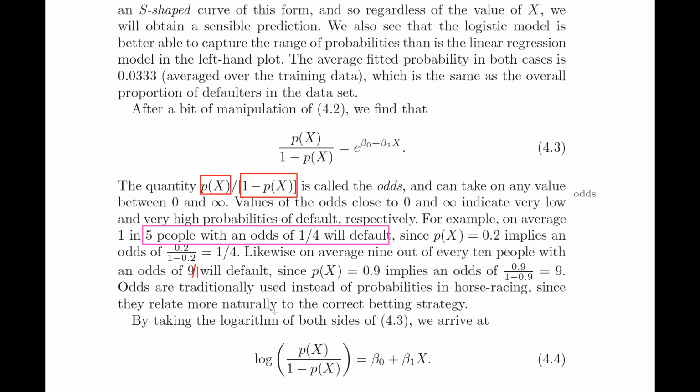Odds are traditionally used instead of probabilities in horse racing, since they relate more naturally to the correct betting strategy. Although we often use chance, probability, and odds interchangeably, in this context they are related but don't mean quite the same thing.